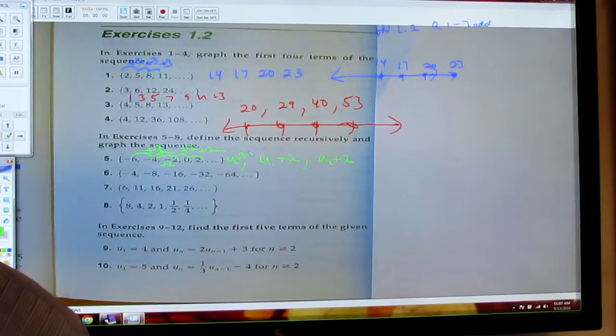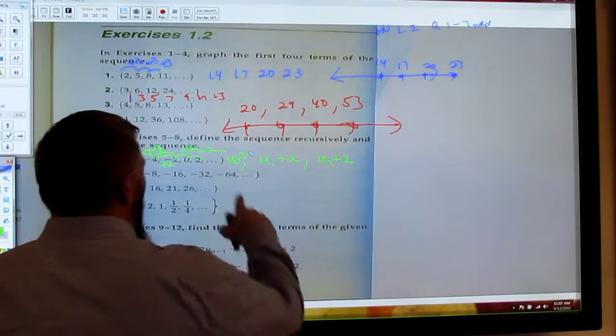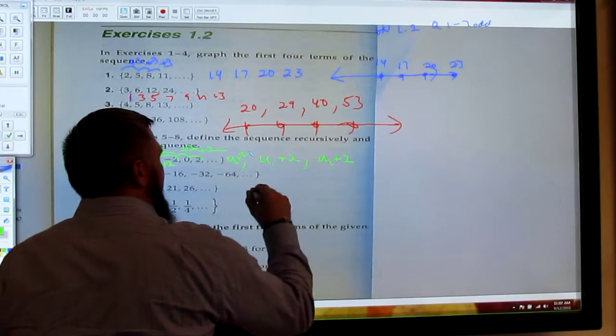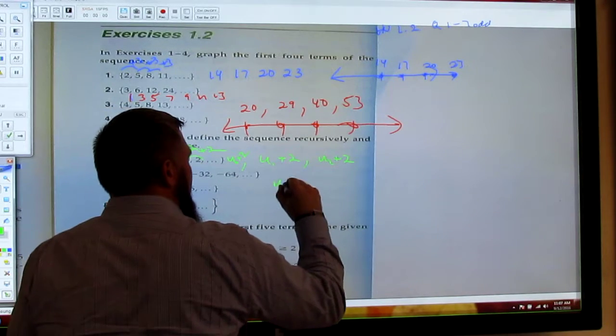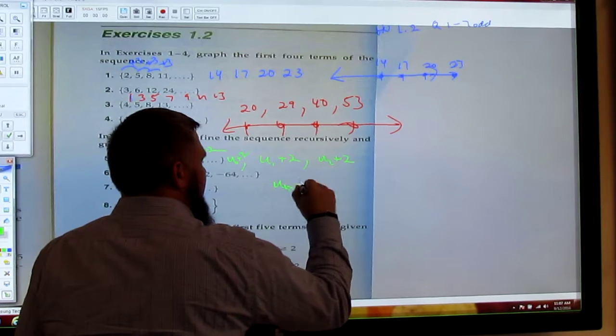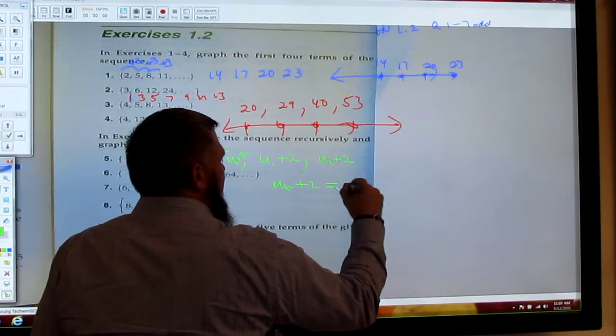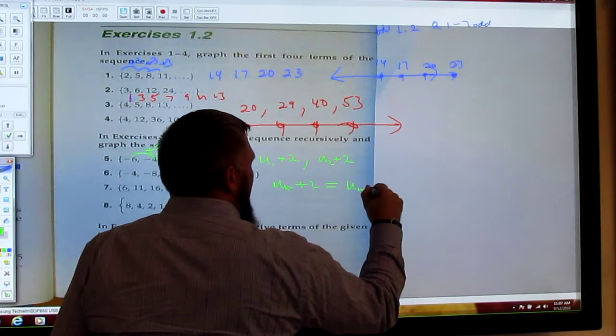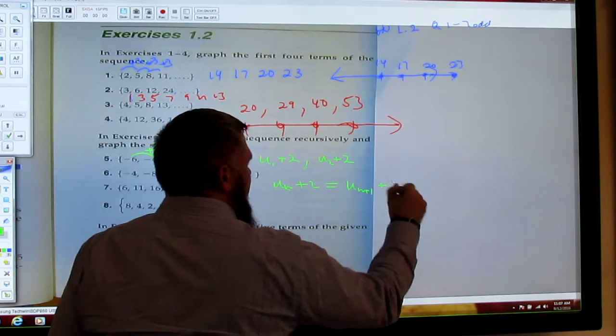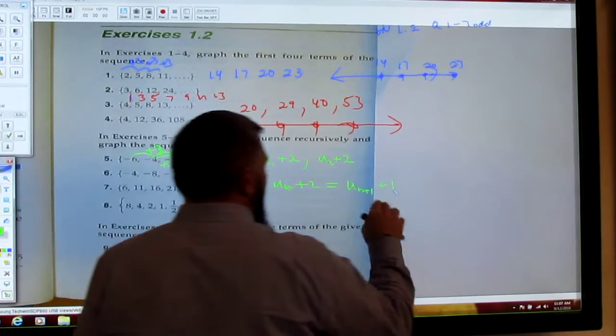U1 plus 2 becomes U2. U2 plus 2 becomes U3, and so forth. And so what you're saying is that each U sub n plus 2 equals U sub n plus 1.